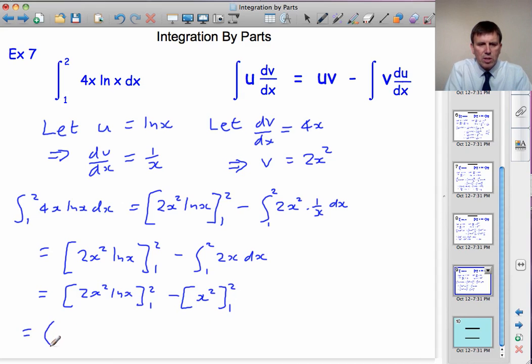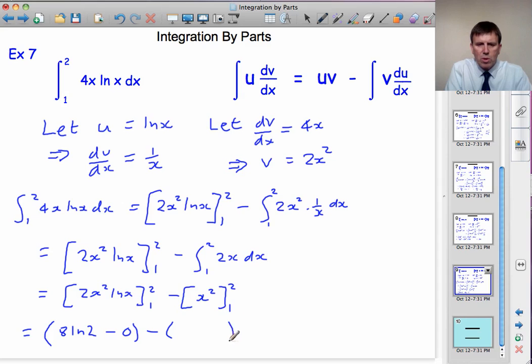Evaluate the brackets. The first one we get, put the 2 in, 2 squared is 4, 2 4s are 8, 8 log 2. And now if we put in the 1, we get 2 times 1 squared is 2 times log 1, but log 1 is 0, so that term is 0.